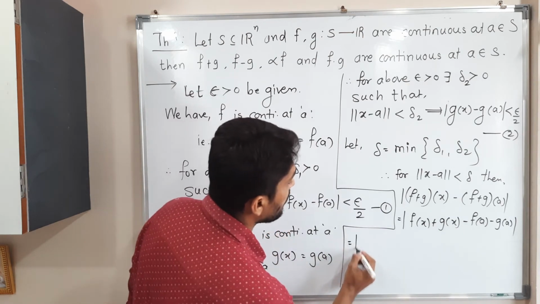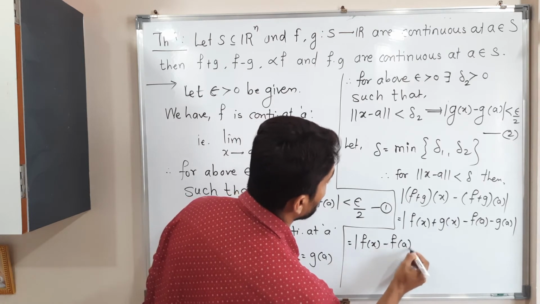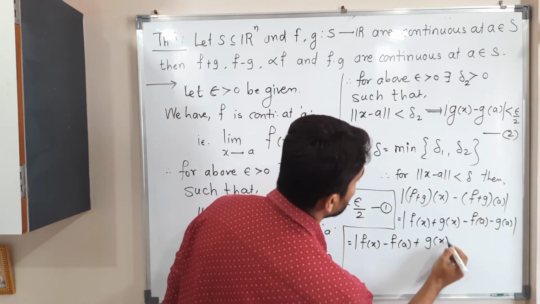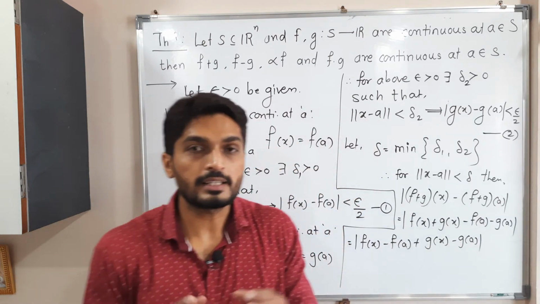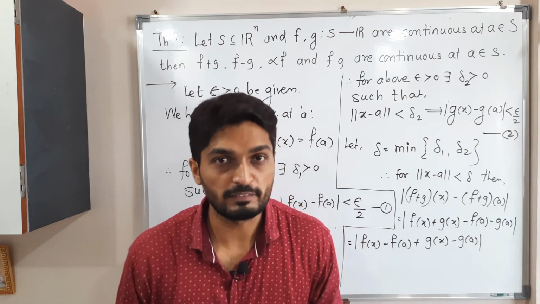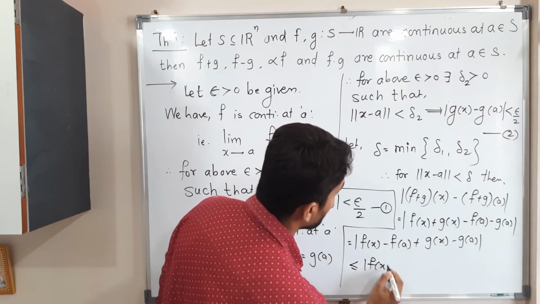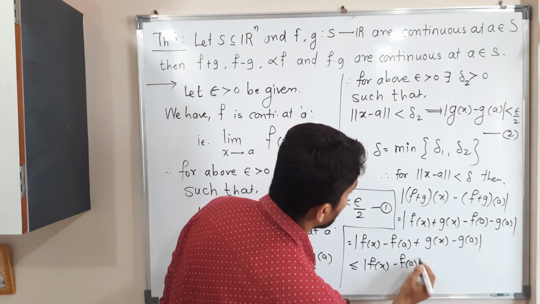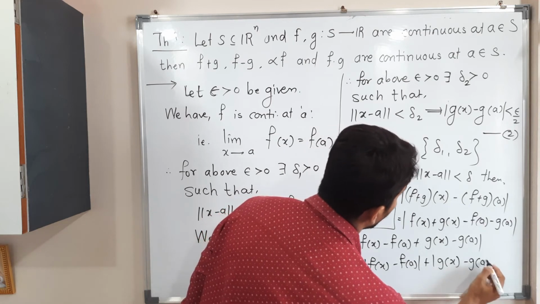So therefore, mod of f of x minus f of a plus g of x minus g of a. After that, I will take separate mods. But as you know, if you take separate mods, the value will probably increase. So that's why this is less than or equal to mod f of x minus f of a plus mod g of x minus g of a.